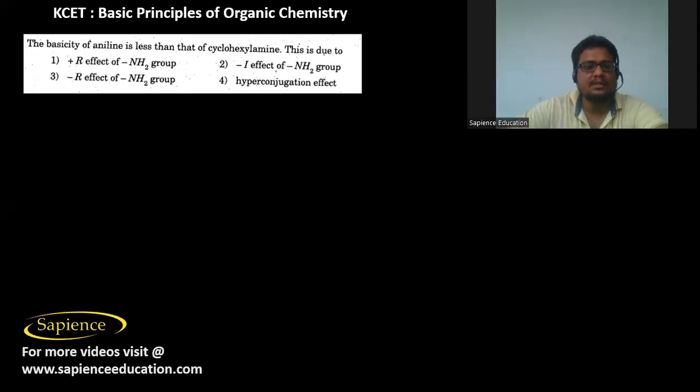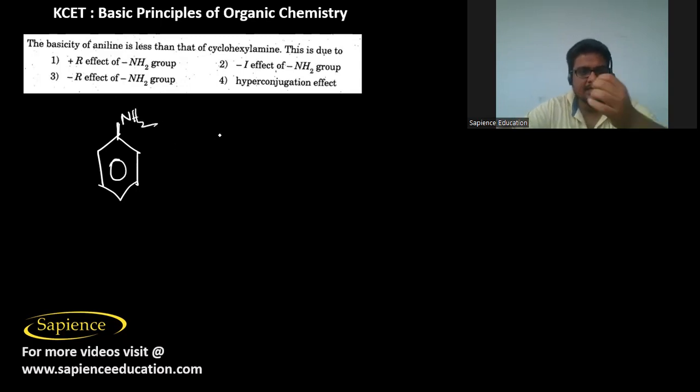Then it is told the basicity of aniline is less than that of cyclohexylamine. This is due to what? Aniline means one benzene ring with the amine group NH2, and cyclohexylamine is like this.